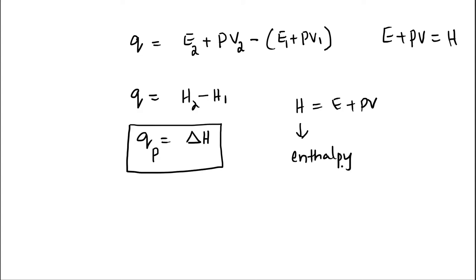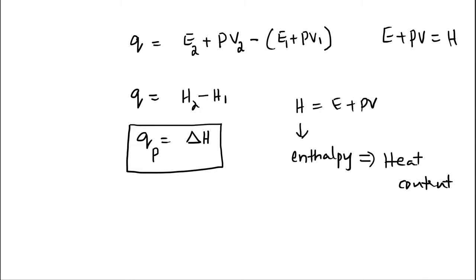It is the heat content of the system, which is the sum of internal energy plus the pressure volume energy. So that is known as the enthalpy, which represents the heat content. So the system can transfer heat from its internal energy and also from its ability of having pressure and volume.